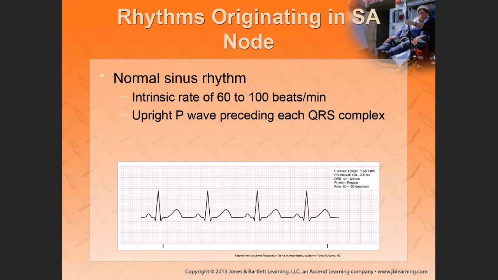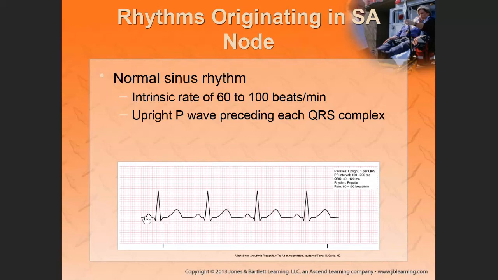All right. So when you're going to identify a rhythm, choose lead 2. Look for your waveforms. So look for your P wave, look for your PR segment, look for your QRS complex, look for your ST segment, look for your T wave, right? So that's the first thing. Identify your waveforms.